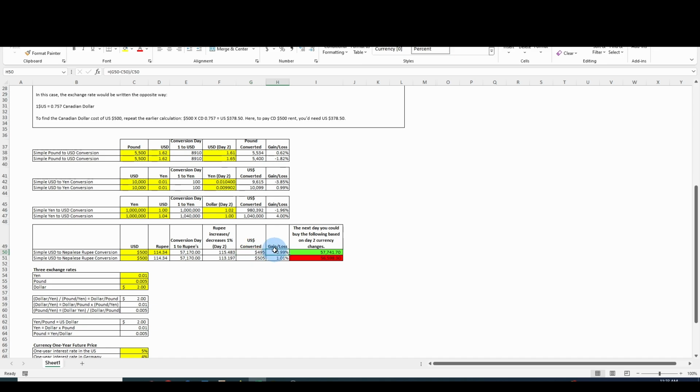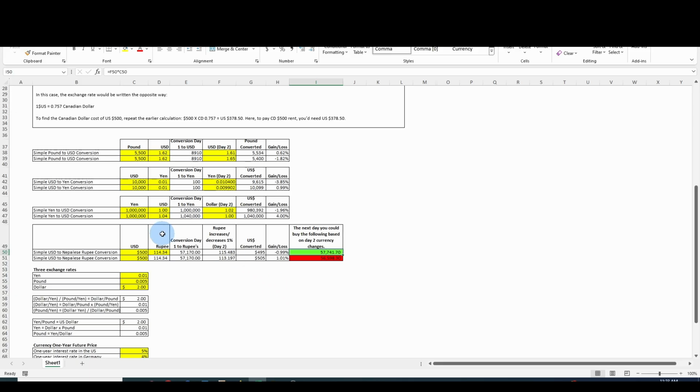So there's a loss. So now I take F50, 115.483 times C50, 500. If I didn't do the conversion, in other words, if I have 500 and it's at 114.34, I get 57,170. If it goes to 115, I would get 57,741.